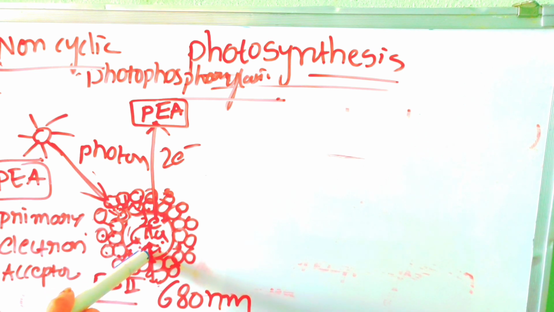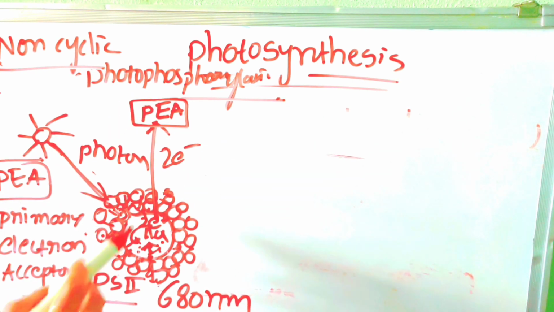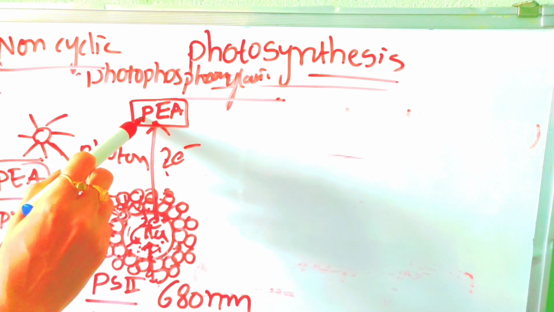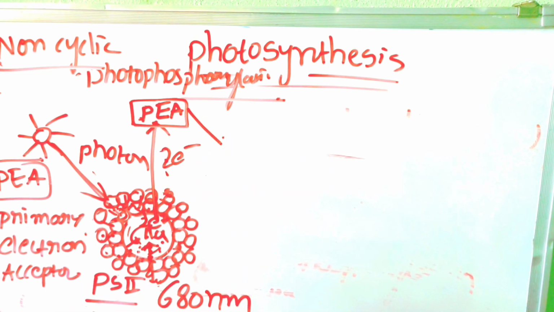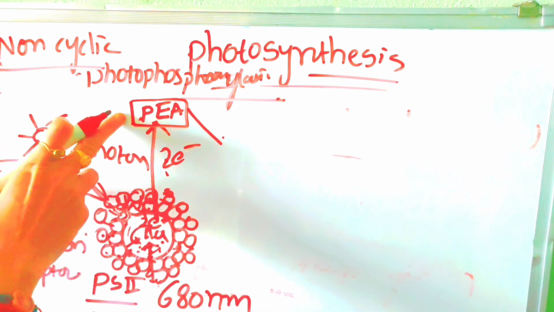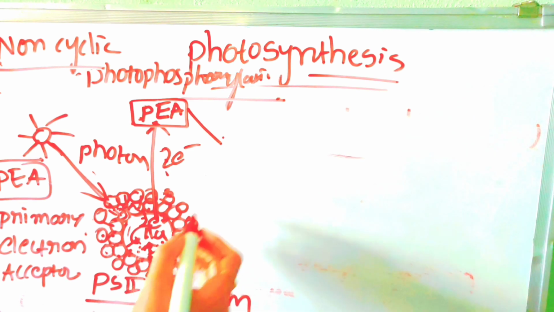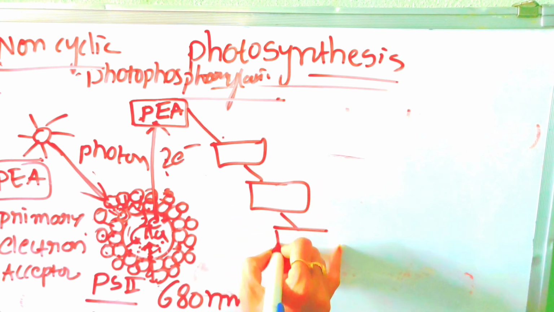A pair of electrons present in chlorophyll A absorbs photons. This sufficient energy transfers the electrons from the ground state to the excited state with the help of photons. In the excited state, the electrons enter the primary electron acceptor. Then the pair of electrons comes back from the excited state to the ground state through the electron gradient.